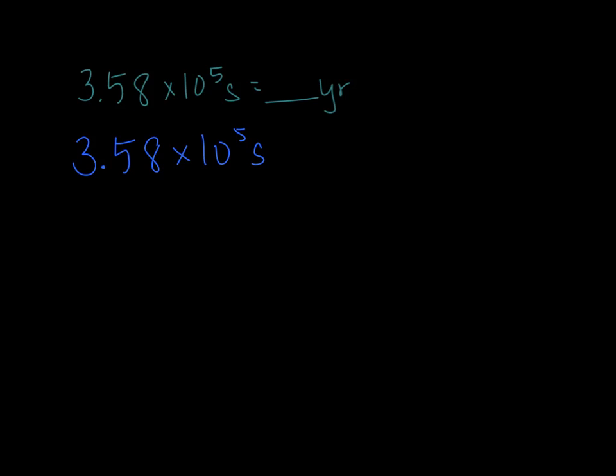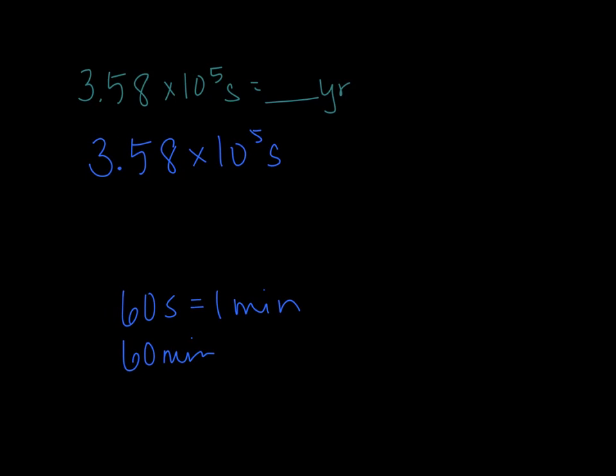The first thing I know is that 60 seconds are equal to 1 minute. And then I know that there's 60 minutes in 1 hour. And we've also got 24 hours in 1 day. And there's 365 days in 1 year.